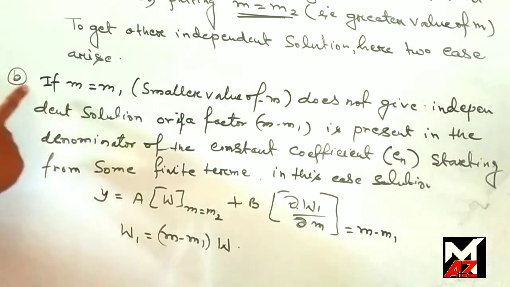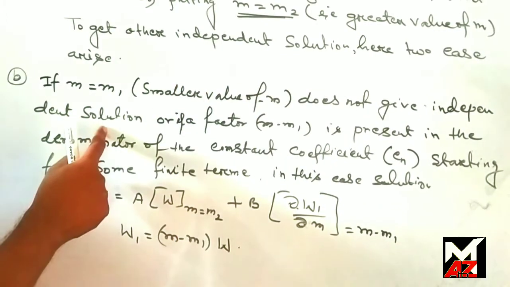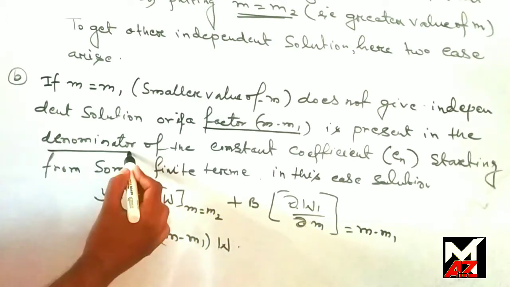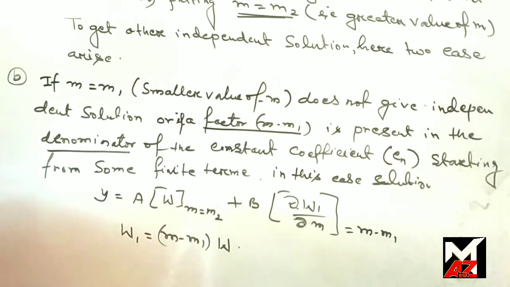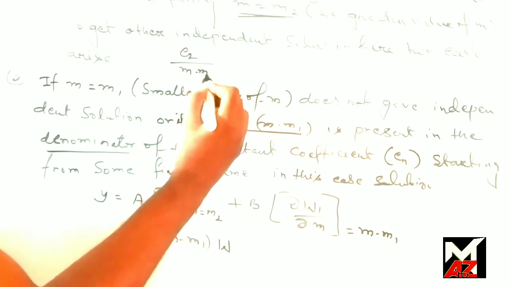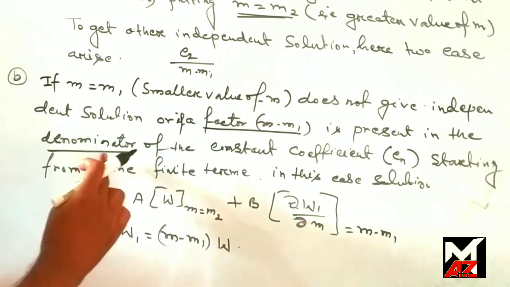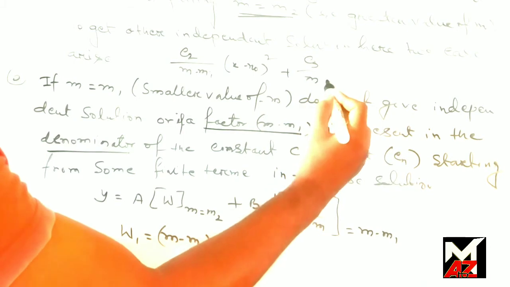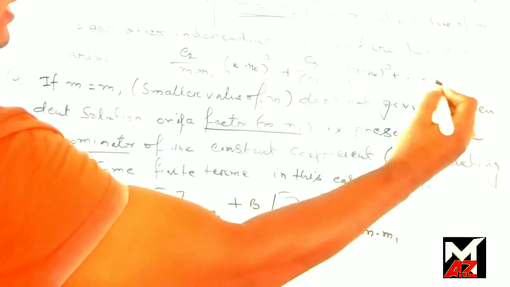In case B, if m equal to m1, the smaller value of m, does not give an independent solution, or if a factor m minus m1 is present in the denominator of the constant coefficient Cn starting from some finite term, that is, in w we get C2 by (m minus m1) into (x minus x0) whole to the power 2 plus C3 by (m minus m1) into (x minus x0) whole cube, and so on.